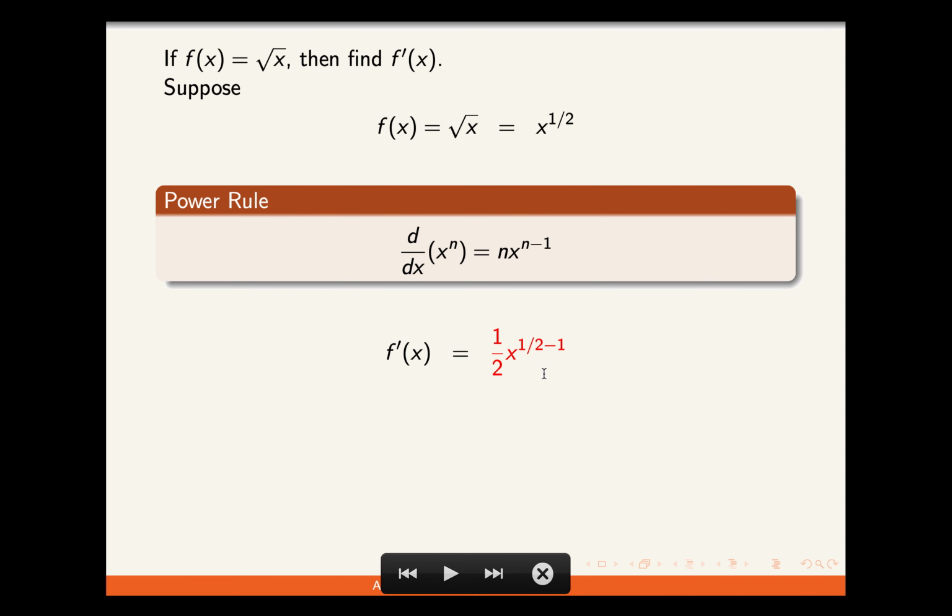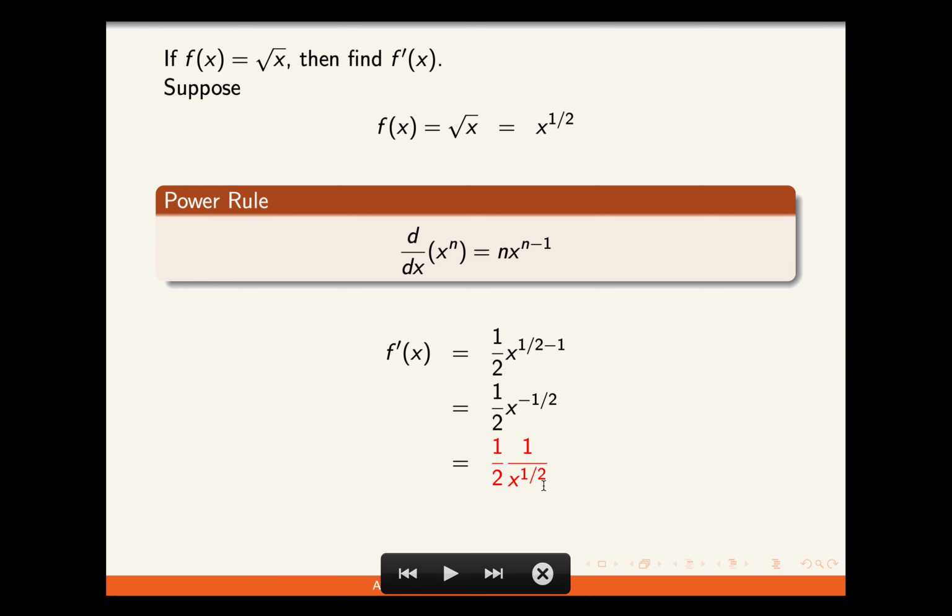This is the derivative. If you want to rewrite it in an alternative form, we can simplify the power. This will be 1/2 times x to the power 1/2 minus 1, which is negative 1/2. That's another alternative form of the derivative of the square root of x. If you want to change the negative exponent into a positive exponent, this can be written as 1/2 times 1 over x to the power 1/2.